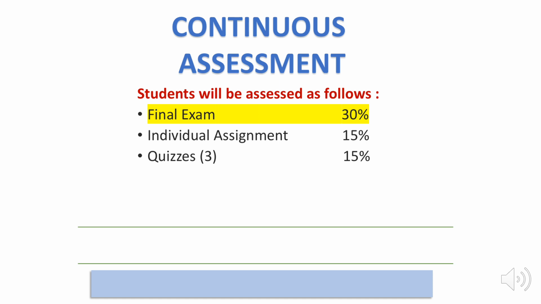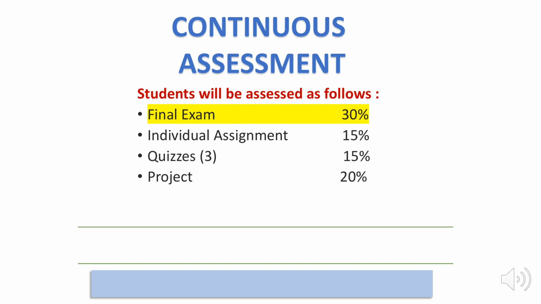Quiz 2 is for topic 2, components of computer, and after you have learned the topic, you sit quiz 2, and so on until quiz 3. Quiz 3 is for the topic internet and WWW. Each quiz is 5%, so the total will be 15%.